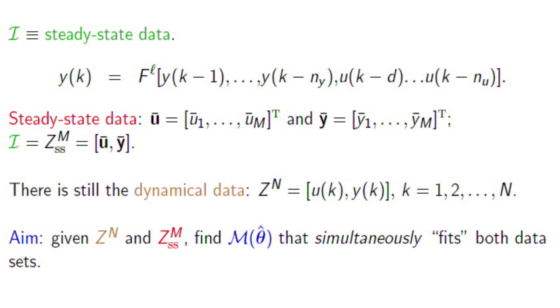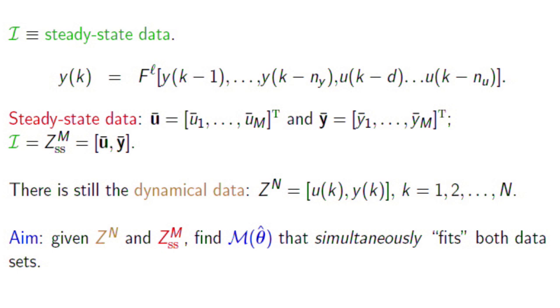The difference is that instead of writing an equation for the static function of the model, I will just get points on the static curve, and those are represented here. So I assume that apart from the dynamical data, which I do have, I also have steady state data. So these are the values of the constant input. The bar on the top indicates that they're constant, and also the corresponding constant output.